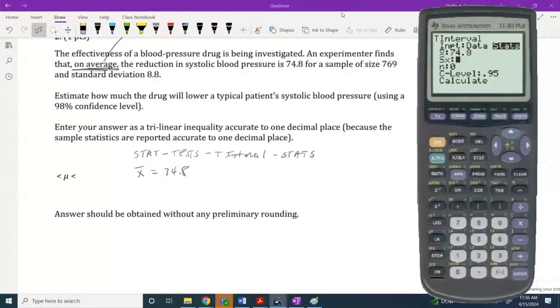So we're given that standard deviation is 8.8. We also have to put in N. So remember that N is the sample size. And our sample size is 769. We have to put in a confidence level. So here we're choosing a 98% confidence level. And we're going to calculate.